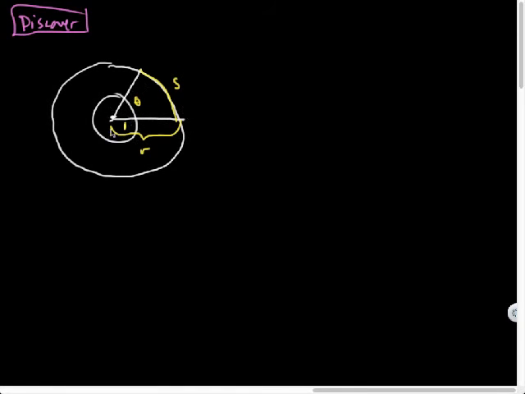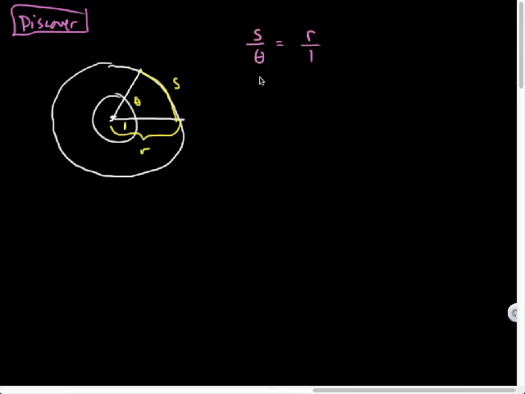So what I want to do is actually set up a ratio here based off of this sketch. So s over theta is proportionally equivalent to r over what? Over 1. The big arc to the little arc is equal to the big radius to the little radius. So I've set up a proportion.